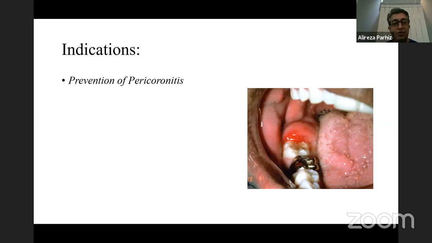This situation is very painful, and sometimes the patient has severe fever, trismus, and sometimes bad signs like odynophagia, which is an indication to hospitalize the patient. So to prevent such a situation, we have to remove the third molar.